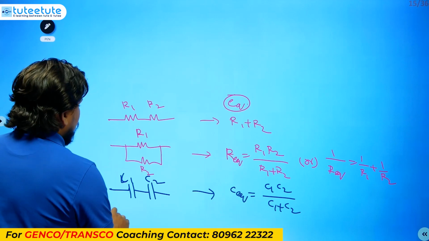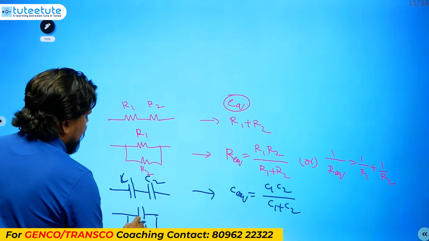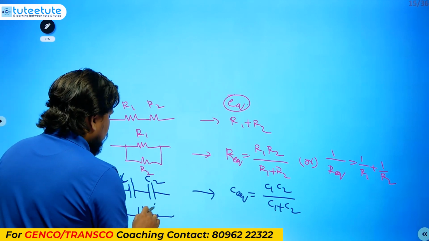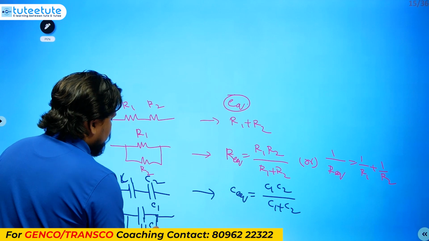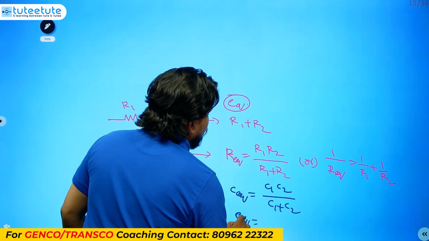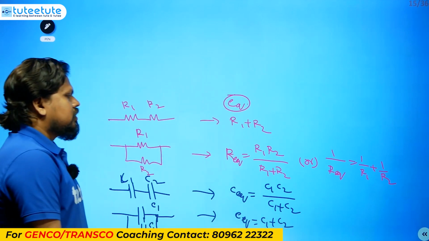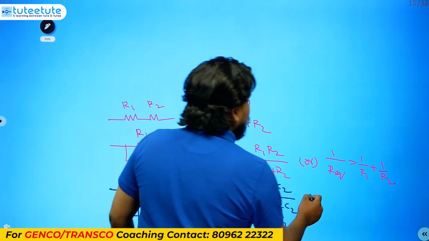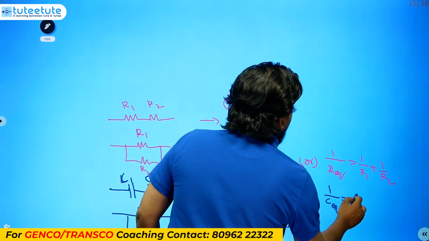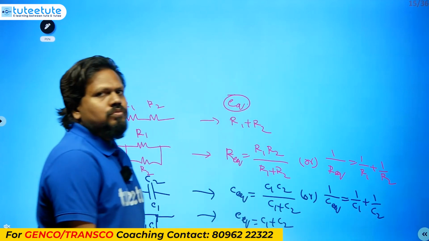If two capacitances are connected in parallel, then C equivalent equals C1 plus C2. Like this we have to get. Otherwise, we can also make the general formula, 1 by C equivalent equals 1 by C1 plus 1 by C2.